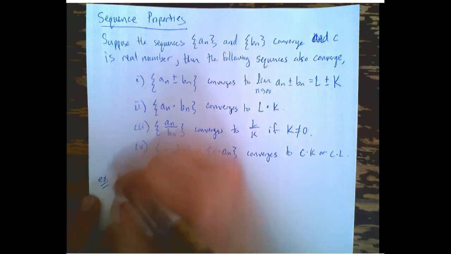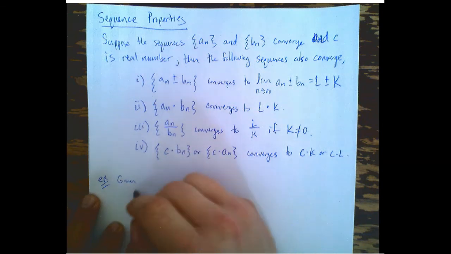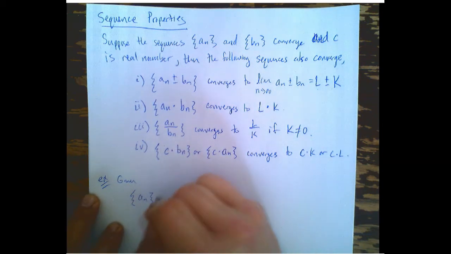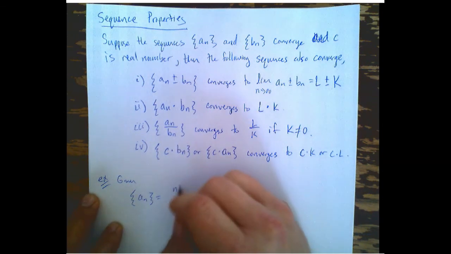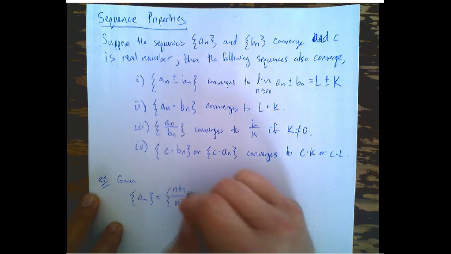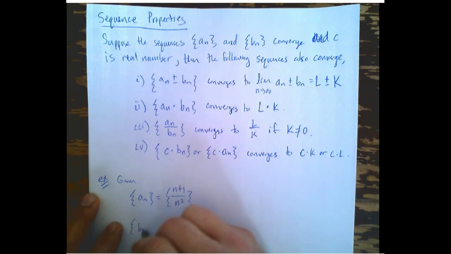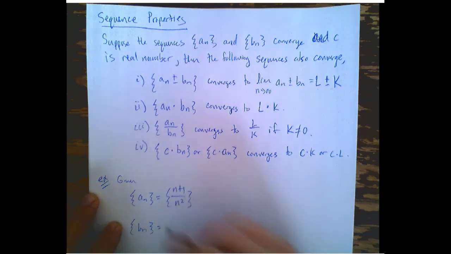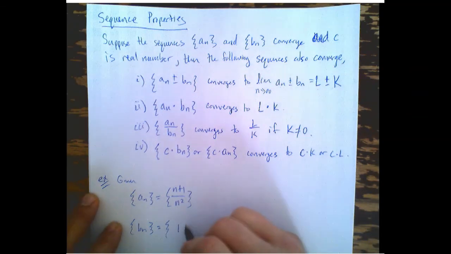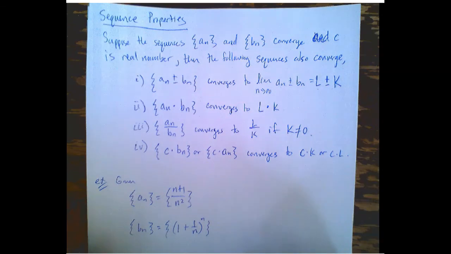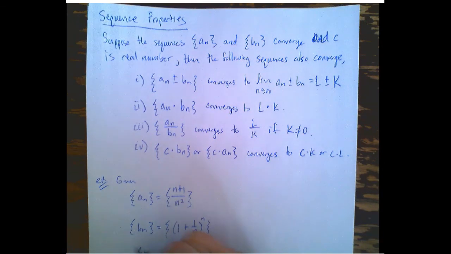So let's do an example. Given a sub n is (n plus 1) over n squared, b sub n is (1 plus 1 over n) to the n, and let's say c sub n is n times the sine of 5 over n.